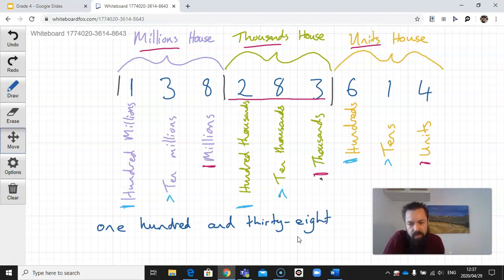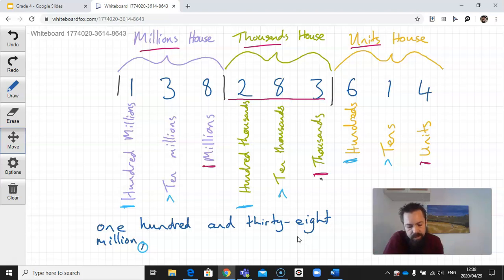And then I'm going to say the name of the house, million. Now, because I'm separating the houses, I'm going to put a comma. There's my comma that separates the house. Then I'm going to look at the thousands house.